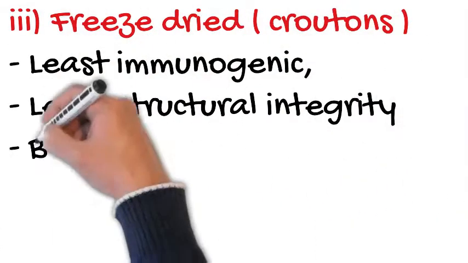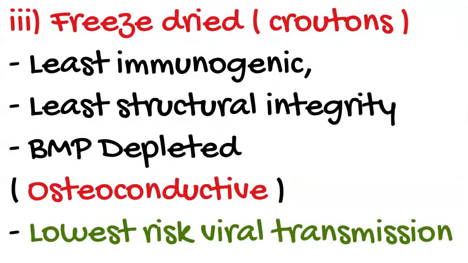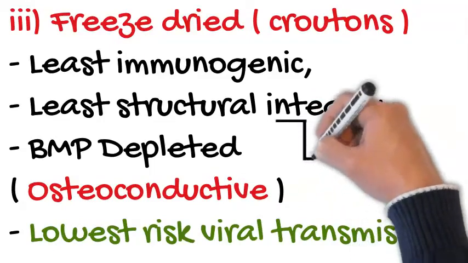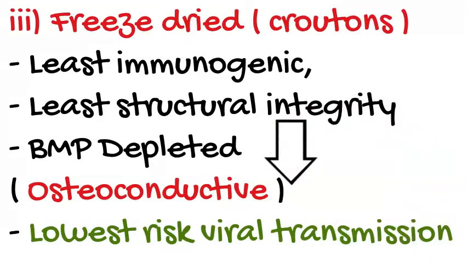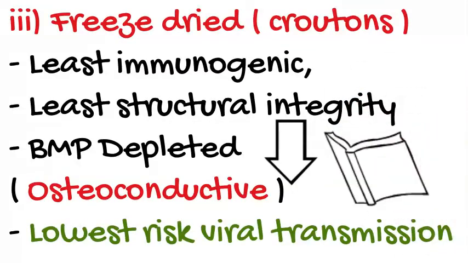For freeze-dried croutons, it is the least immunogenic, with the least structural integrity. BMP is also depleted. It is purely osteoconductive, but it has a lower risk of viral transmission.